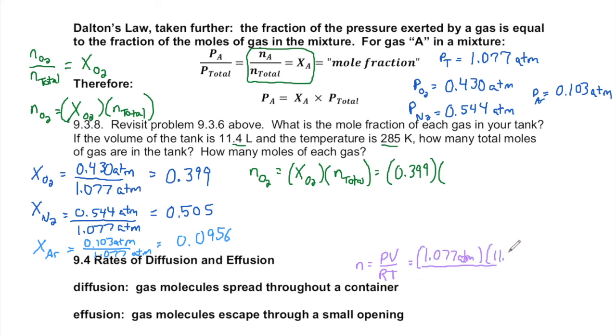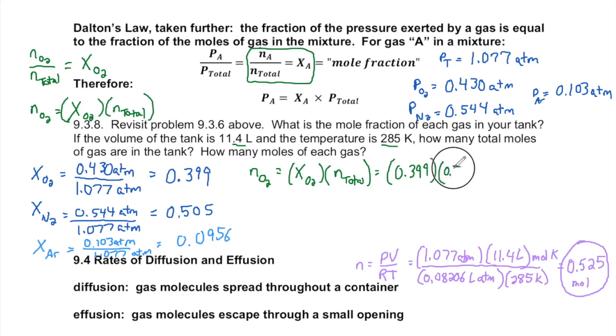And the tank is 11.4 liters. We're going to use the R value with liters, atmospheres per mole Kelvin. And then the temperature is 285 Kelvin. So the total amount of gas in the tank is 0.525 moles. Let's go ahead and put that here.